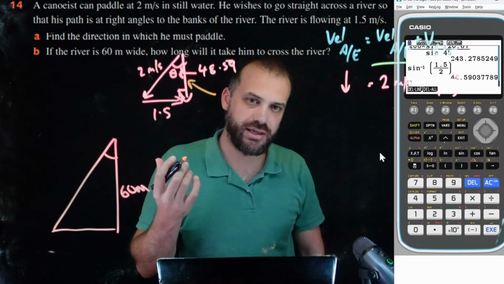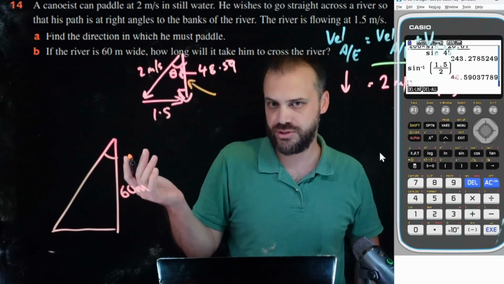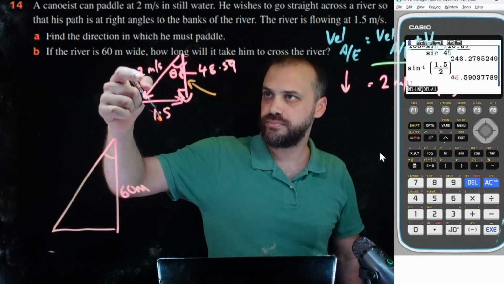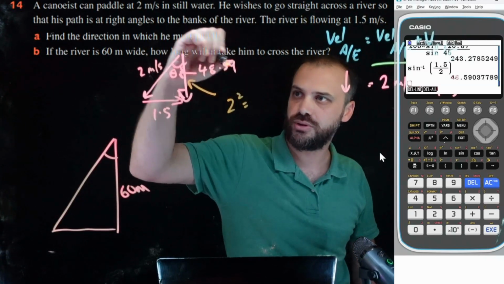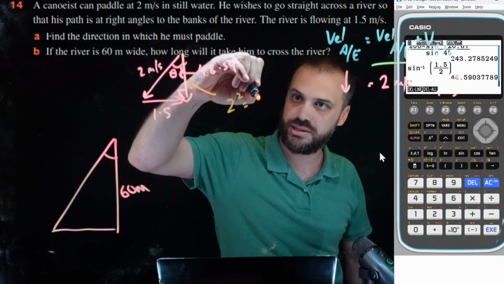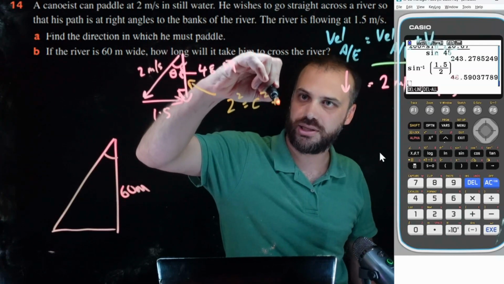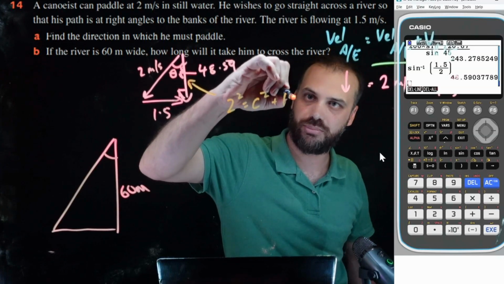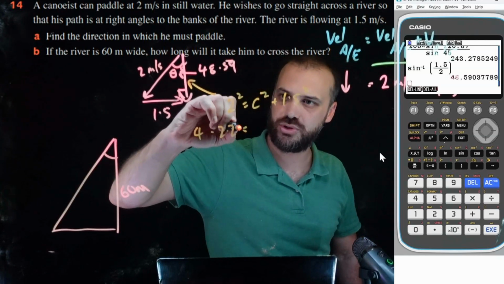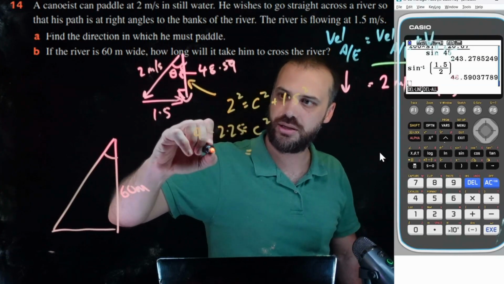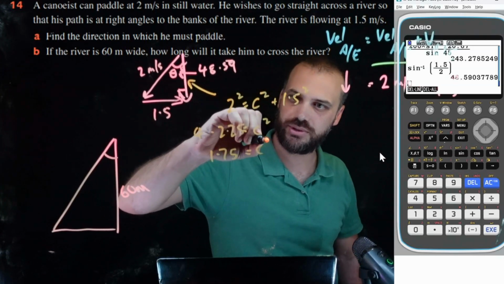And we can find that easily enough using Pythagoras' theorem, right? 2 squared is going to be equal to this bit here, c squared, plus this bit, 1.5 squared. 4 minus 2.25 is equal to c squared. 1.75 is equal to c squared.